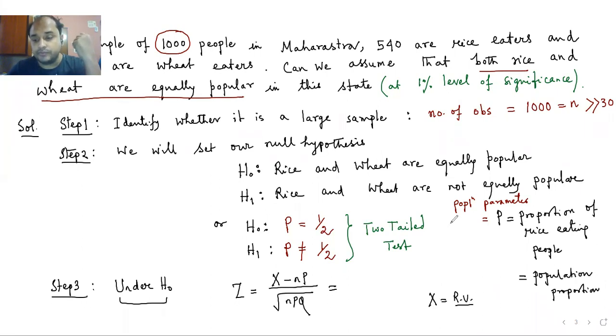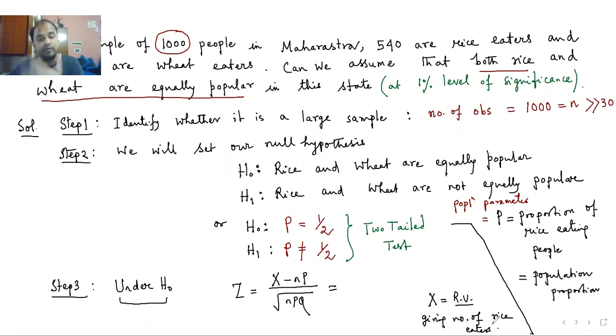X is the random variable giving you the number of rice eaters. As I told you, you can also work with wheat eaters because the number of wheat eaters is known from this problem. Sometimes it is known, but sometimes it may be unknown. Here you can work with either the rice eating people number or the wheat eating people number. So X is the random variable giving you the number of rice eating people.